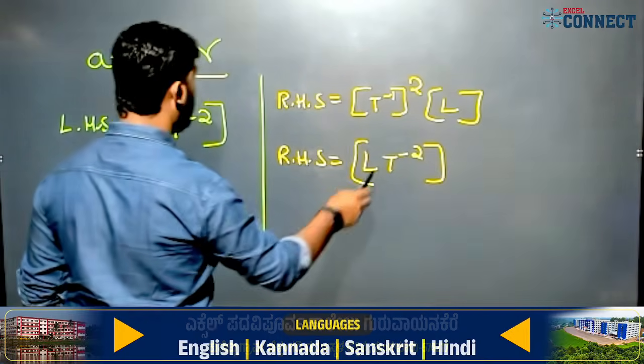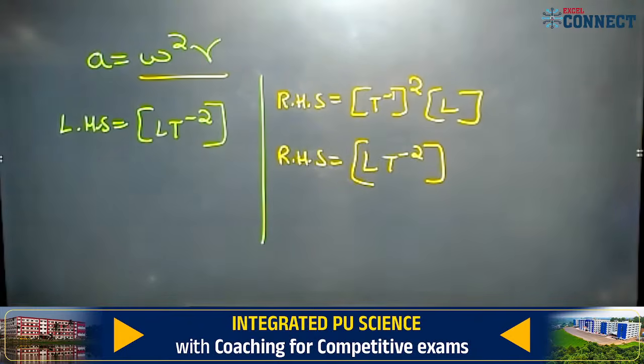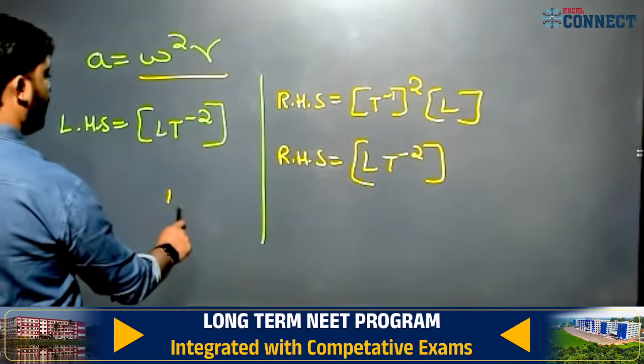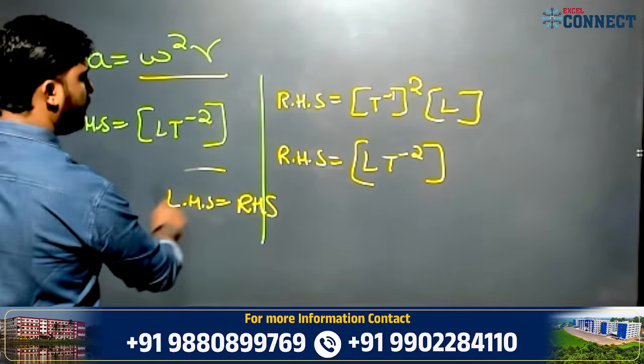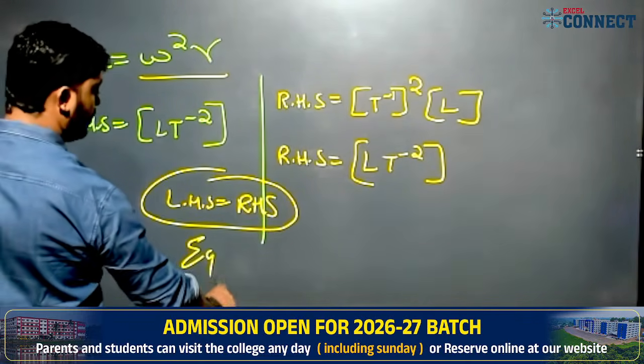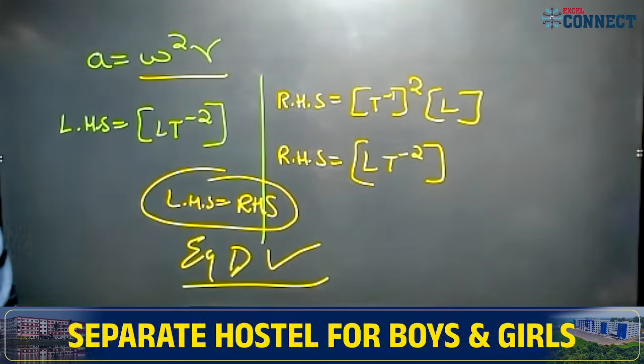So clearly we can see here that the dimension on the left hand side and the right hand side is the same, right? So I can write LHS is equal to RHS. So the equation is dimensionally correct. You can write it like this: the equation is dimensionally correct.